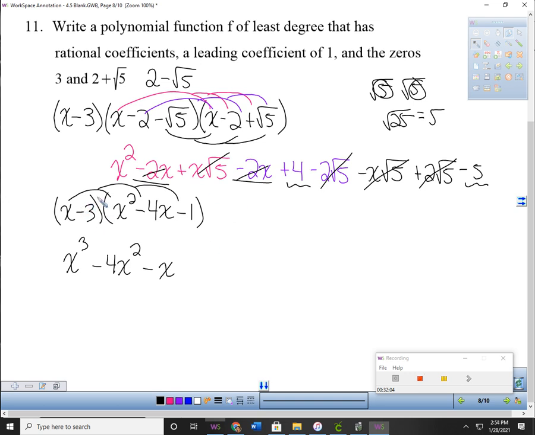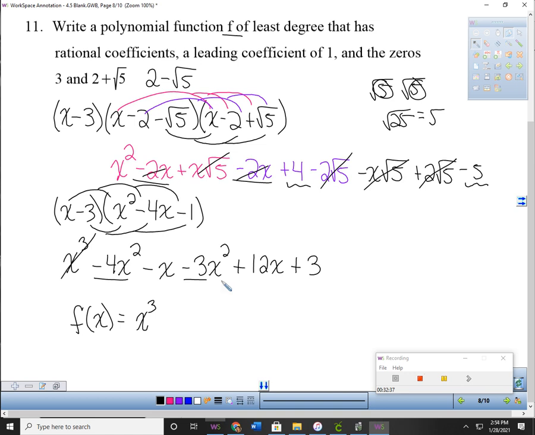And then we're going to go do the negative 3. Negative 3 times x is negative 3x squared. Negative 3 times negative 4x, positive 12x. And negative 3 times negative 1 is positive 3. Now, up here they said write a function f, so we'll call this f of x is equal to, I only have one of the x cubed.